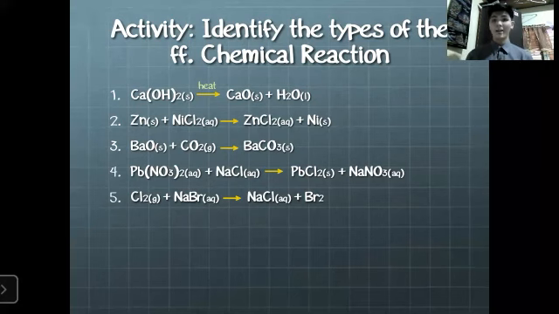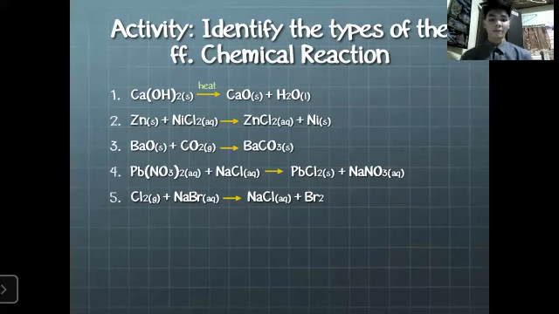And we had combination. That's great. Number 4, lead(II) nitrate plus sodium chloride yields lead(II) chloride plus sodium nitrate. And we have, that is right, a double displacement reaction.